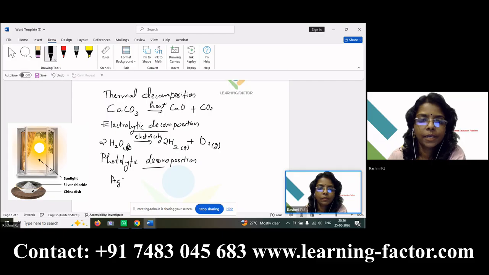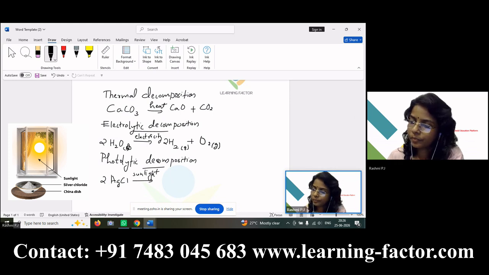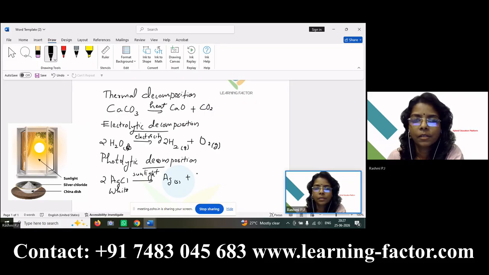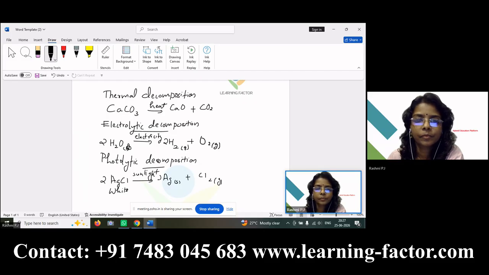Silver chloride is AgCl, and in the presence of sunlight it turns gray. This AgCl is white, and it turns gray, giving silver plus Cl2 gas.